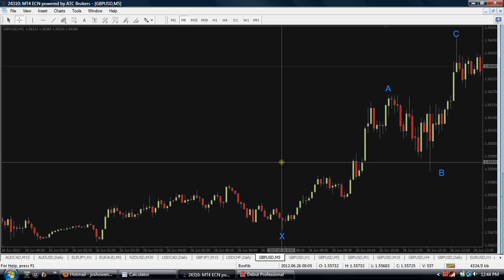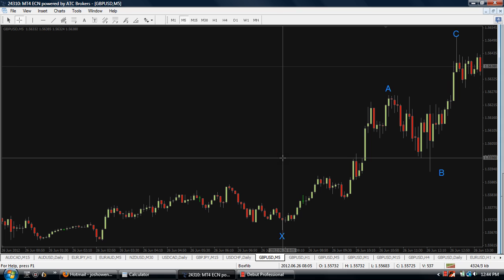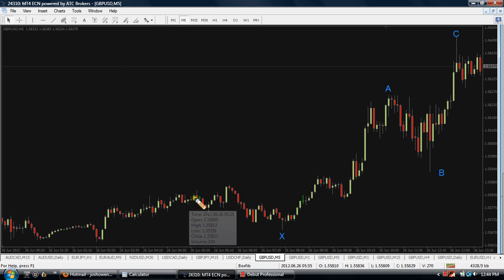This X is pretty much London Open, and the reason I chose this X to this A as an impulse leg, as you can see here, price just sort of meandered around. Nothing real determined here, and then the market started getting pretty determined, moving in one direction, and the X to the A I have here is the impulse leg that you see.